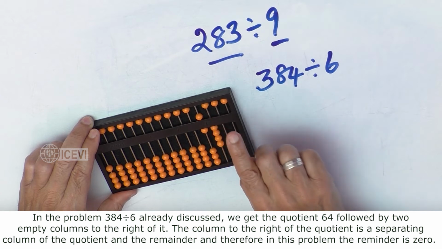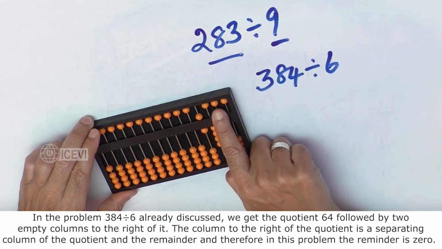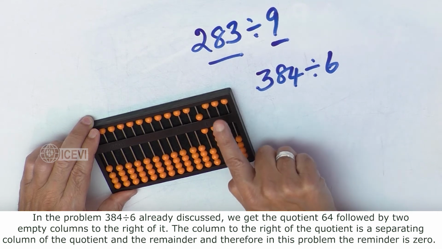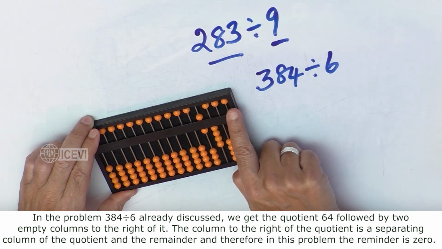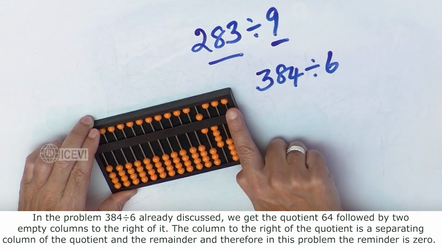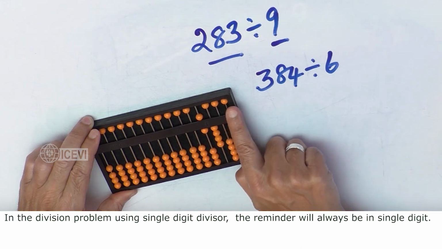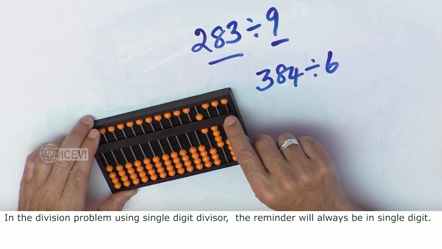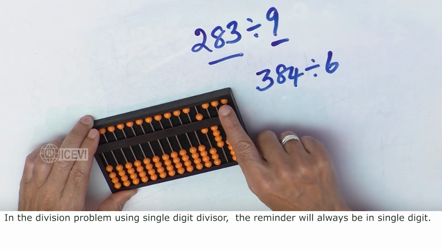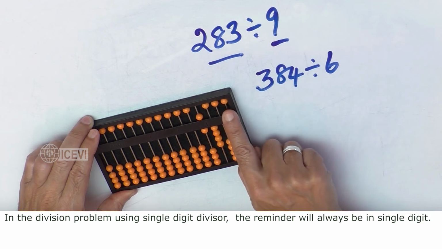The column to the right of the quotient is a separating column of the quotient and the remainder, and therefore in this problem the remainder is 0, because in a single digit divisor the remainder, if any, will always be a unit number. That means it can be represented in the units column.